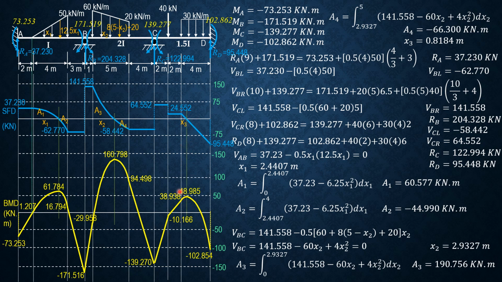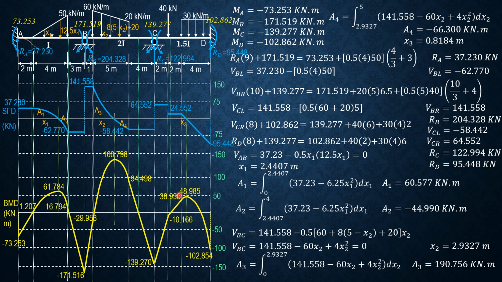So therefore, we have positive decreasing curve. Let's project downward. So 38.938 plus the area of this small triangle, which is 1/2 of x3, 1/2 of 0.8184 times 24.552, gives 48.985. Then 48.985 plus the area of this triangle, which is negative 1/2 of quantity 4 minus 0.8184 times negative 95.448.